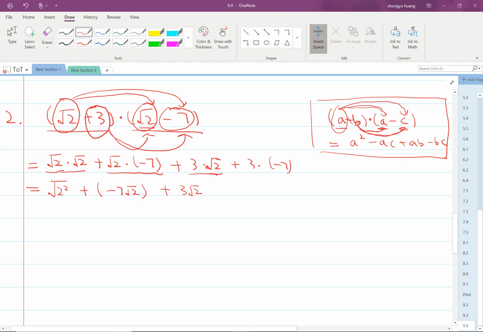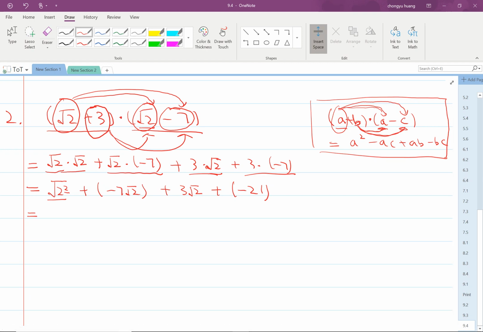We don't have to simplify because it's already in the simplest form. For the last term, we have 3 multiplied by negative 7, so it's negative 21. It's just a simple calculation. Now, as you can see, we have a power 2, we have 2 to the power 2.